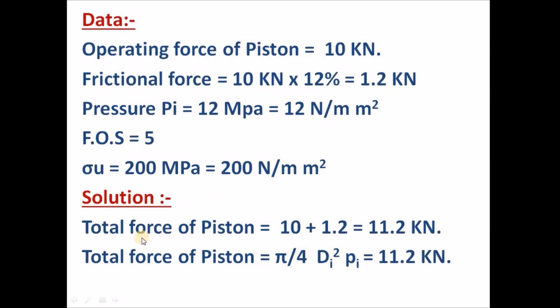Then we can start. We know that the total force acting on the piston is 10 plus 1.2. What is 10? 10 is the force inside the cylinder. Here there are also some frictional forces that have to be taken into account. Totally 11.2 kilonewton is exerting on the piston.